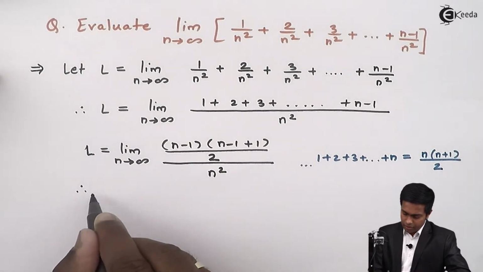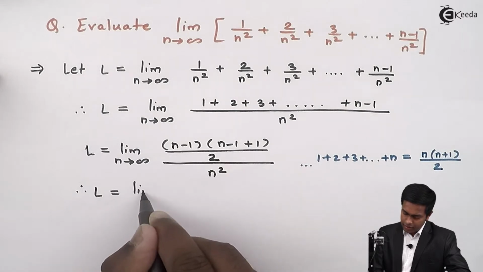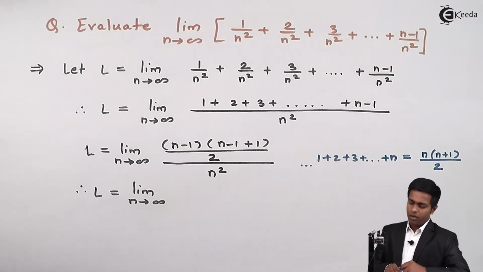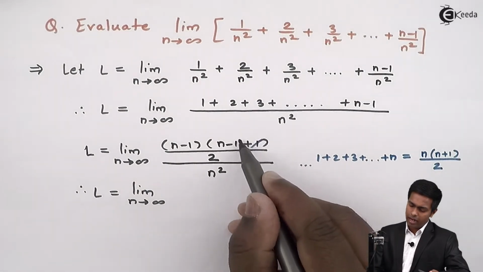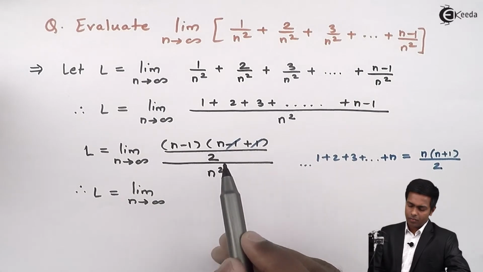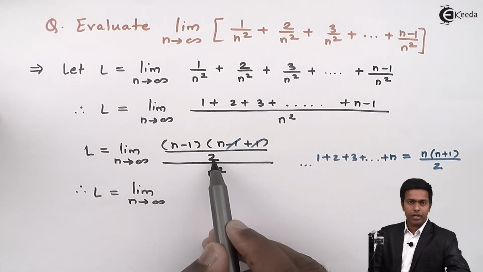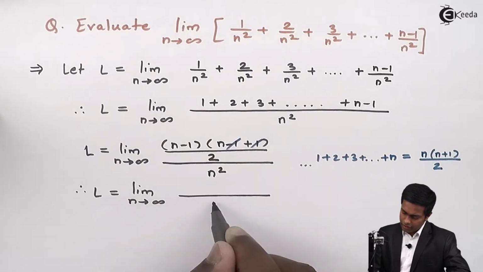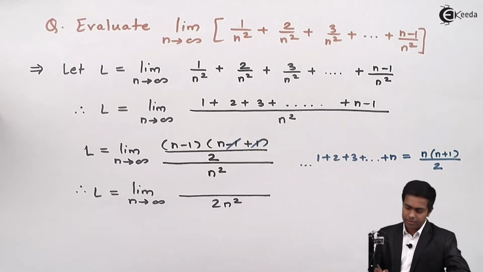Next, if we solve this, we get the limit as n tends to infinity. Now we can cancel this plus 1 and minus 1, so we get n. Then this 2 is in the denominator, so it goes with n square, and in the denominator we get 2n square.